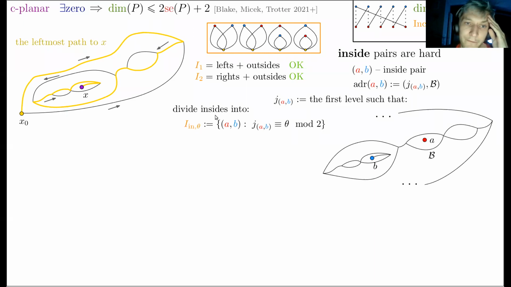Next, we divide inside pairs into two sets by the parity of this number J A B. If it's odd, then it's in I 1. If it's even, then it's in I 0.